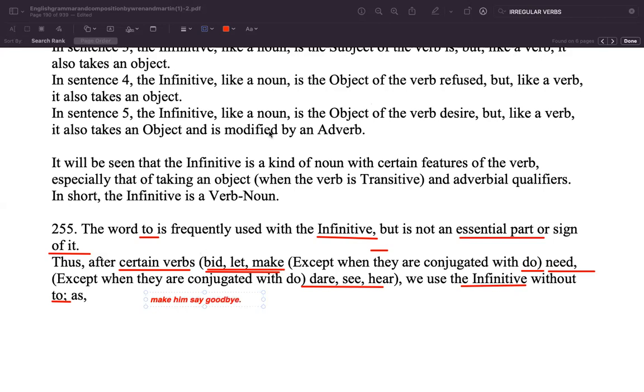Now what do you find out here? You can see that after make we don't use to, we simply write say. We don't say make him to say goodbye, right? Similar to that, if I am talking about another one, let him tell truth.